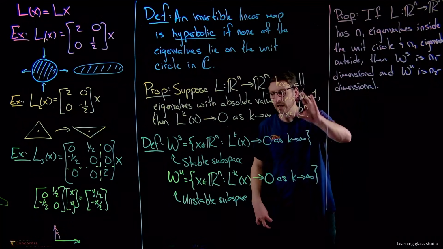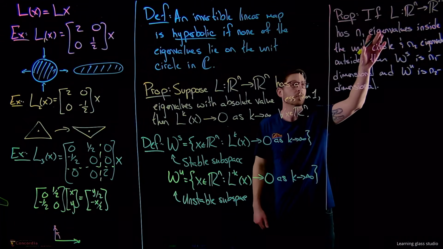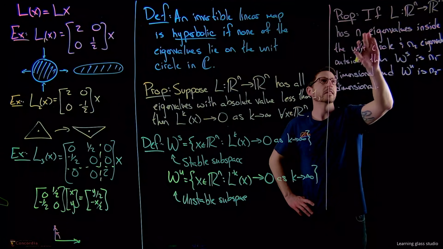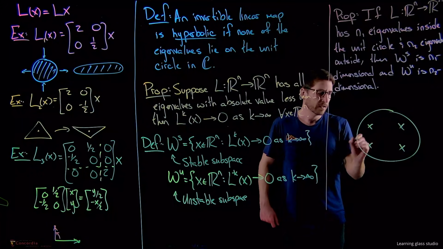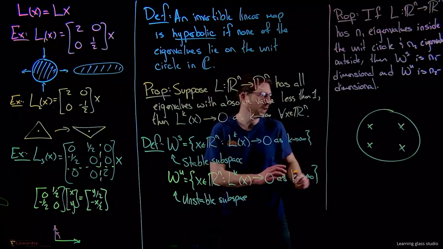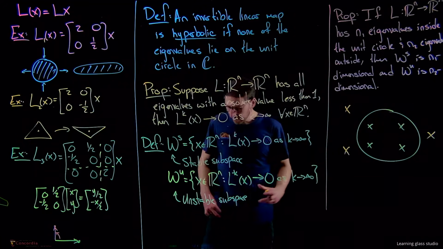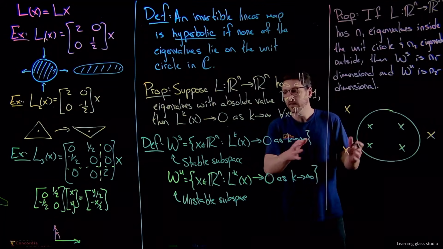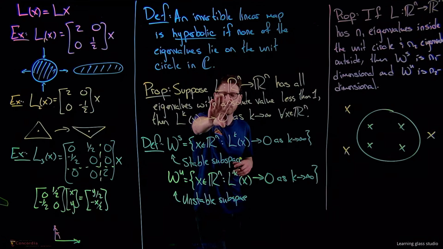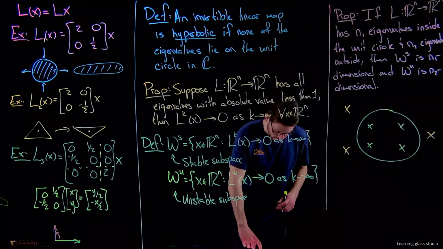But here I'm saying that with this definition of stable and unstable spaces, assuming that you have an invertible linear map, if you have n1 eigenvalues inside the unit circle, and then you have n2 eigenvalues maybe outside, then for each one of those eigenvalues, you have a dimension of your stable and unstable spaces. And again, this looks a lot like the proof of this result right here, where you're just doing these general eigenvector expansions, not even functions. So it's a little simpler for us.